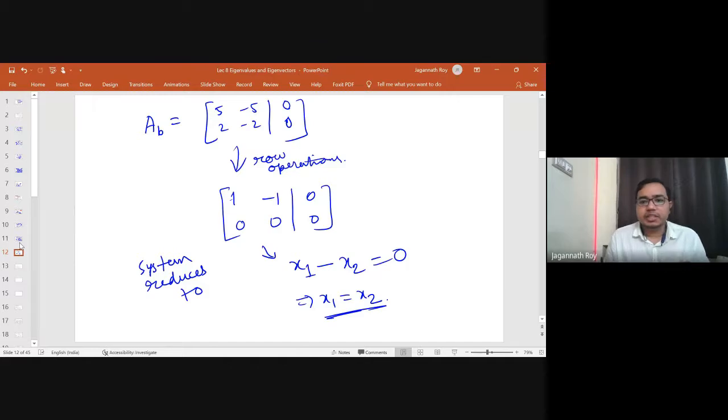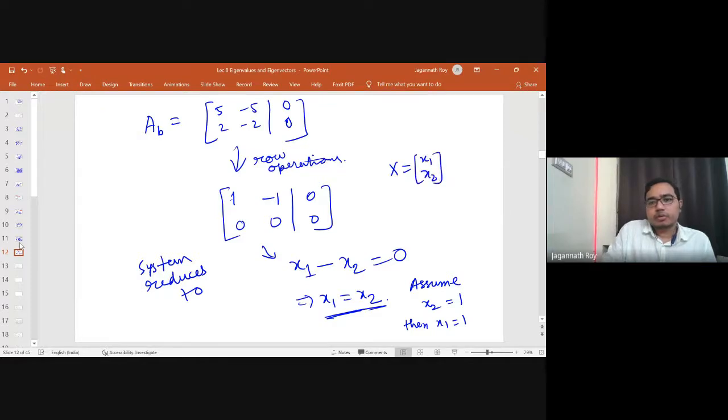So for simplicity, we assume x2 equals 1, then x1 becomes 1. So the vector that we want to find out, x1 and x2, corresponding to lambda equals minus 1, is 1 and 1.